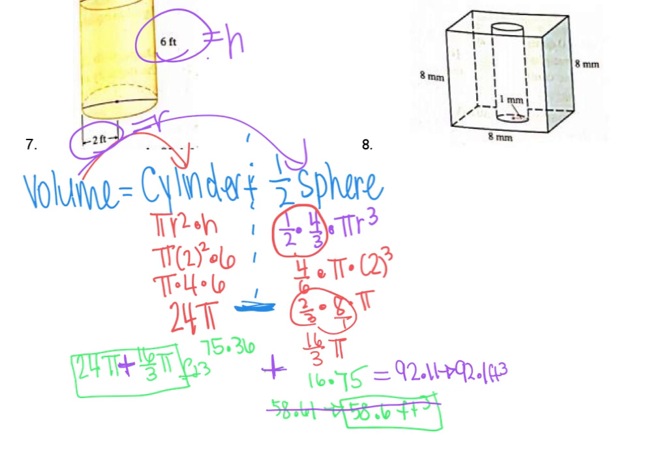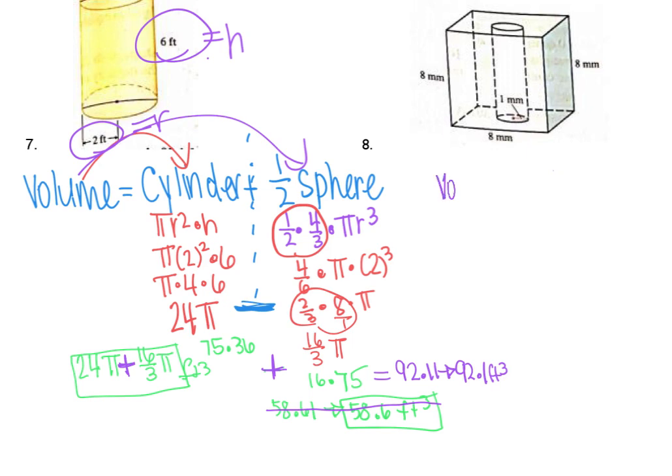All right, so coming over here, I know my volume for this one is going to be a rectangular prism, because that's my big, minus a cylinder. I'm going to rewrite this for a minute because I'm not going to have room to do this. If I can't fit the word, I'm not going to be able to fit anything else.